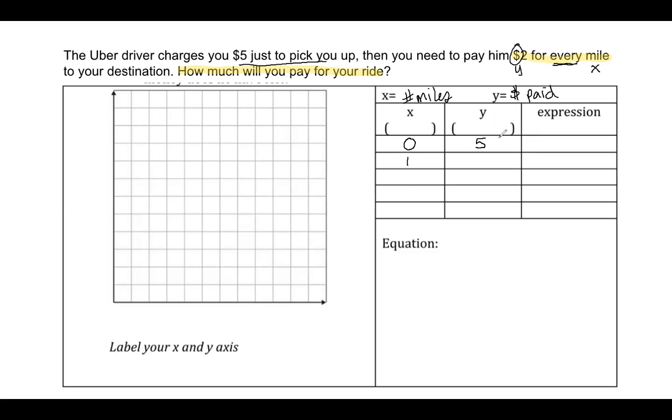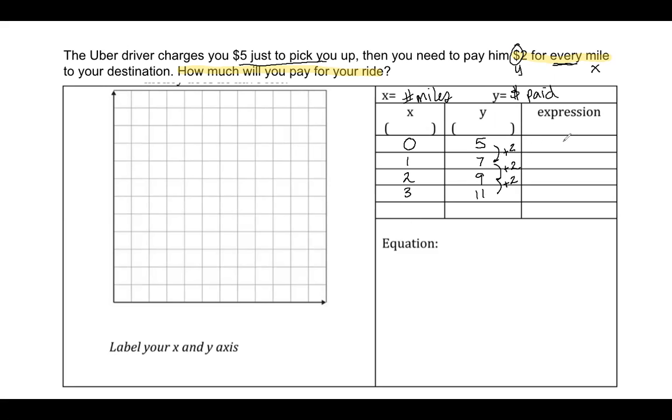For 1 mile, he's going to charge you $2 for that 1 mile. So you'll pay $7 for that trip. 2 miles, another $2. So that's 9. 3 miles, another $2. So that's 11. Everybody following this okay?